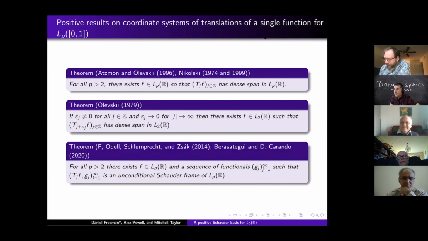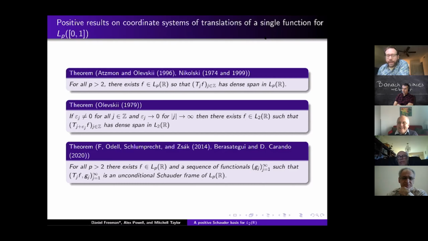so I put 2 citations here. We proved that such a frame exists, and then they proved that you can do it with picking the G_j's normalized, or semi-normalized. The way that we did it is to guarantee that you have a Schauder frame for L^p. We proved that you can reconstruct each Haar vector, and the G_j's are going to be the normalizing functionals of the Haar vector, repeated a whole bunch of times and then scaled down very far.